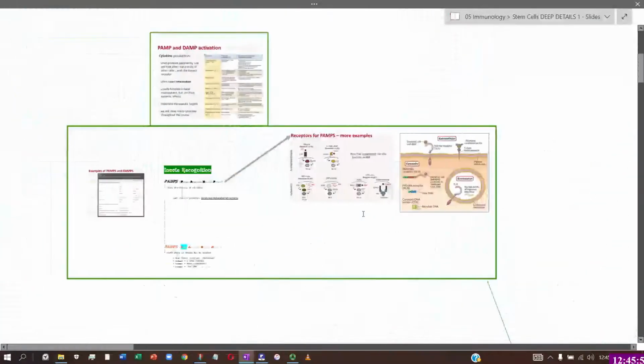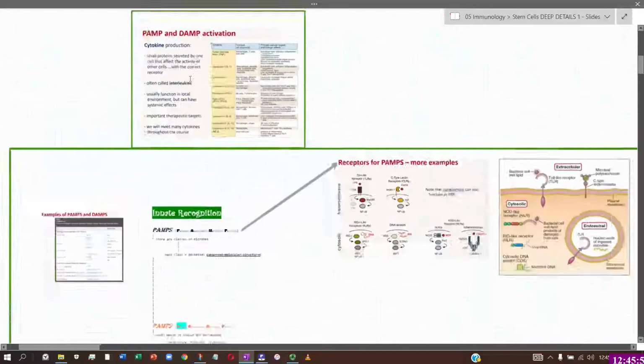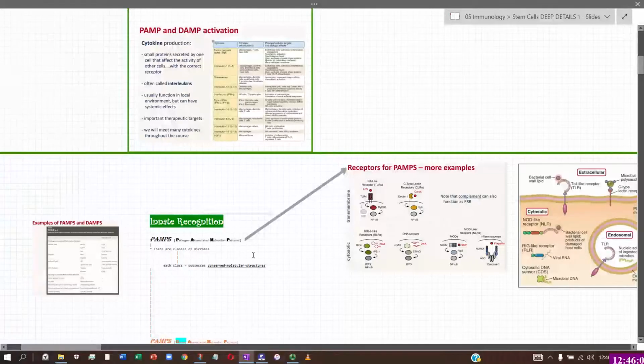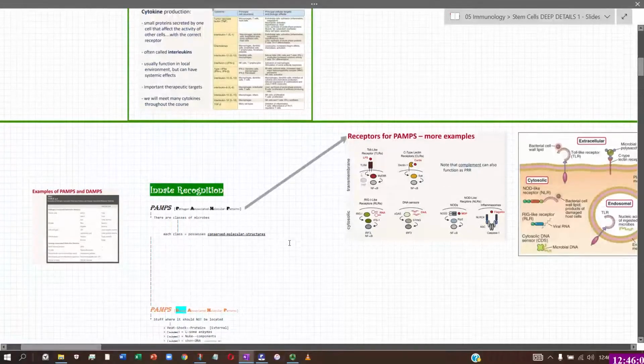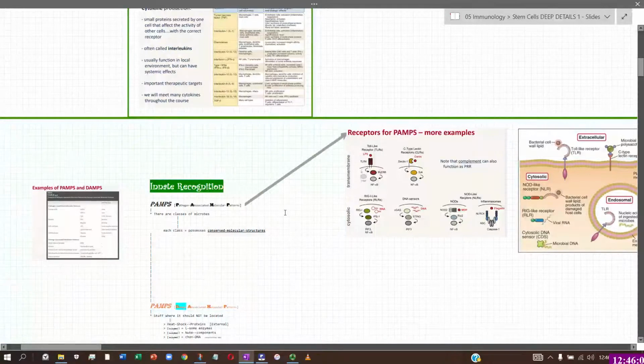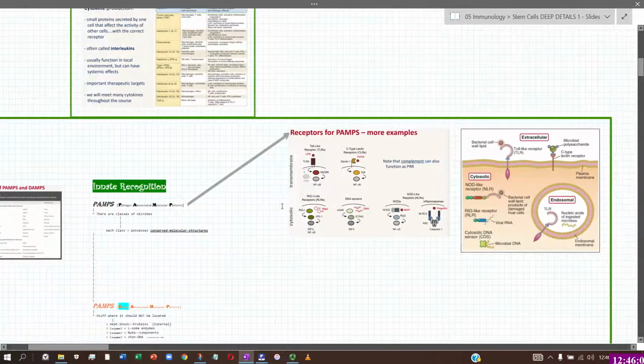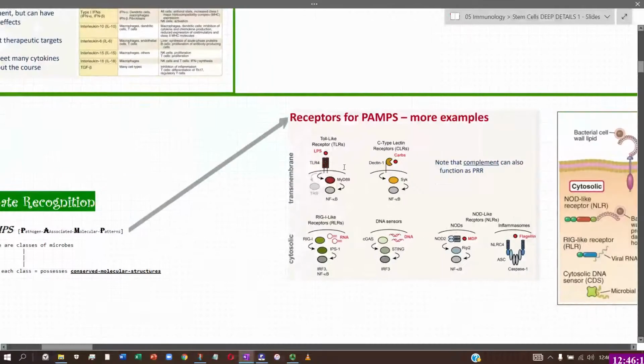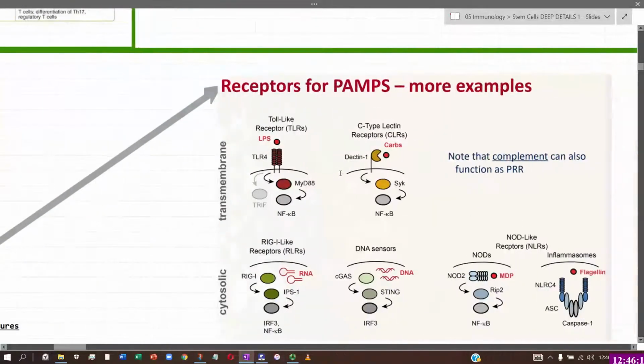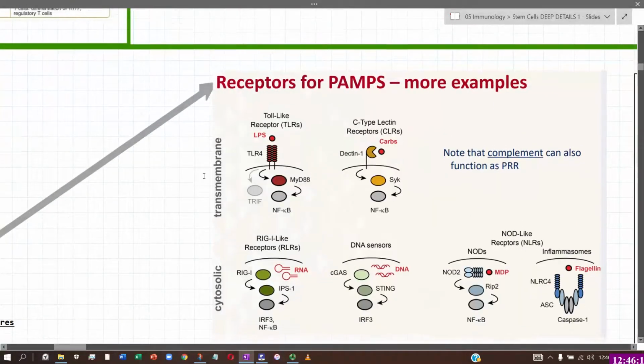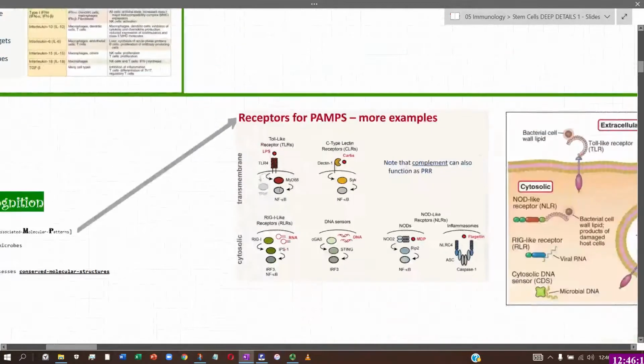So anyway, when it comes to receptors, we have a relationship between PAMPs and the receptors, and there's this variety. There are different types of receptors. They can be under one of two categories: transmembrane, or they can be cytosolic.